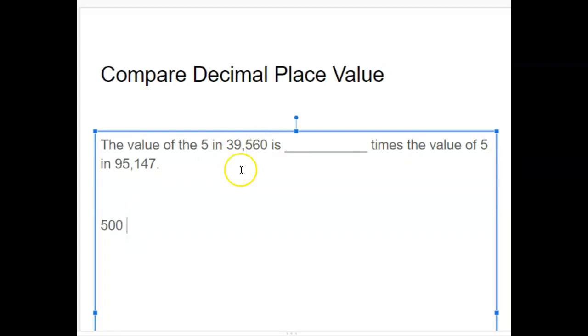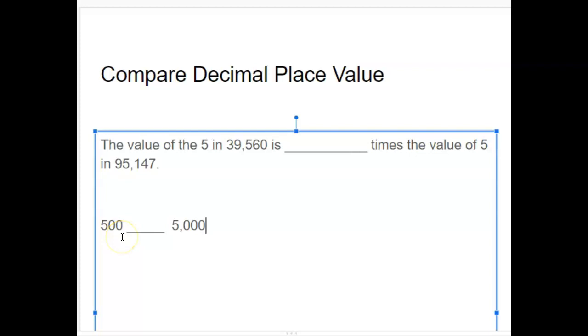Because it's in the hundreds place. And now I'm comparing it, and I'm just going to put a blank, to the value of the 5 in 95,147. So the 5 here is in the thousands. So that 5 is equal to 5,000. So now if you look at it like that, it's so much simpler than all this wording here.